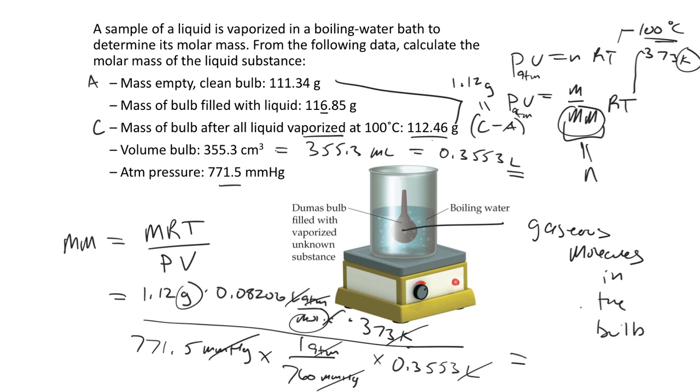So I do 771.5 divided by 760, and then times 0.3553. So I end up working out a molar mass of 95.0 grams per mole.